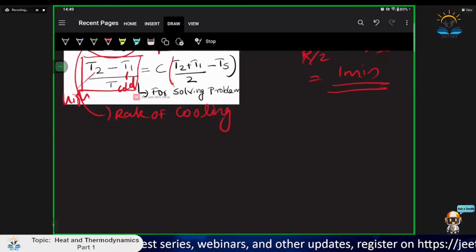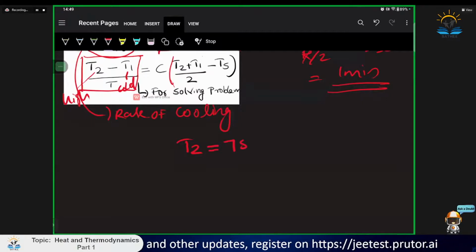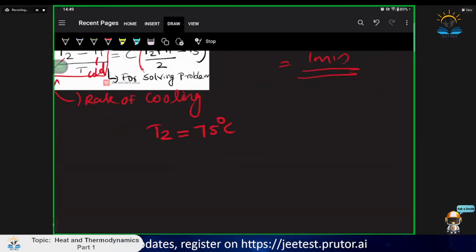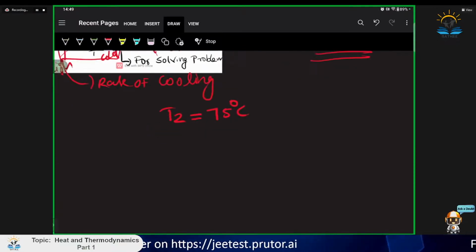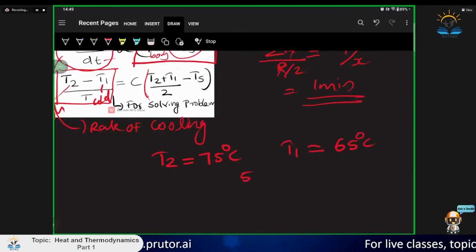So I will make you understand how to solve a question based on Newton's law of cooling. Suppose a body of temperature T2 is equal to 75 degrees Celsius. It cooled to T1, 65 degrees Celsius, in a time period of 5 minutes. That is our small letter t.